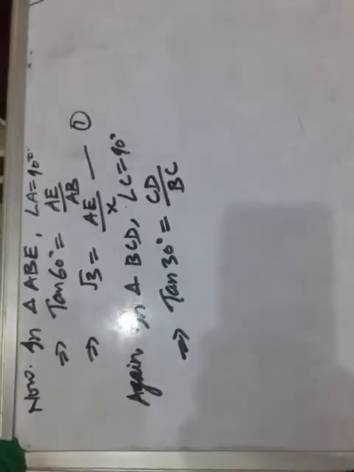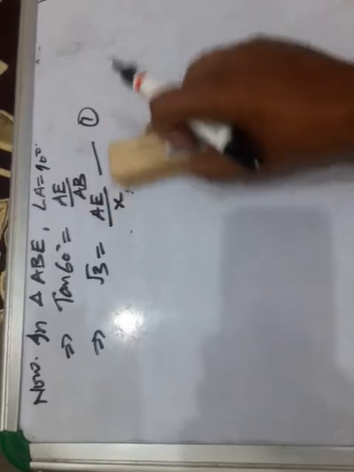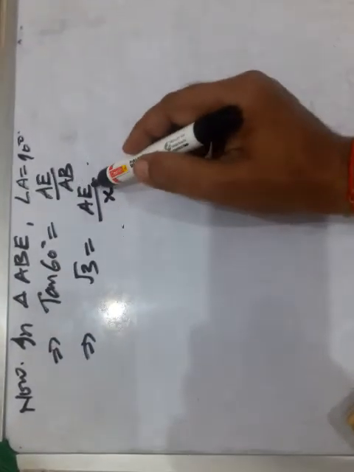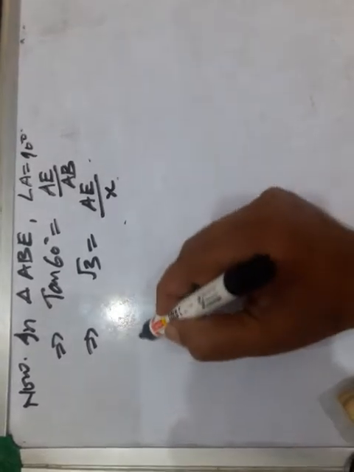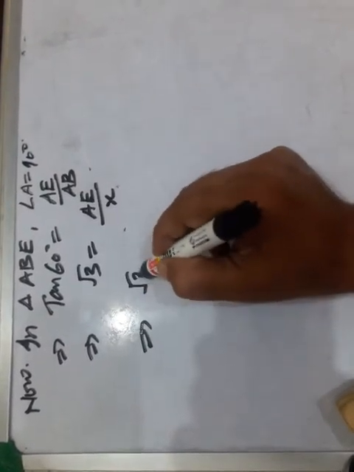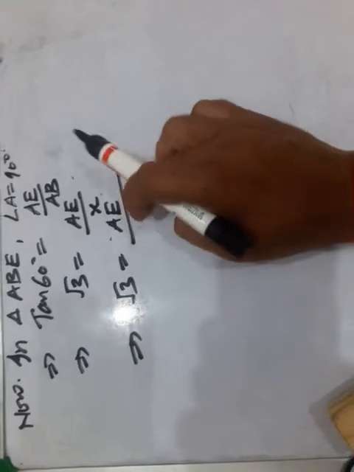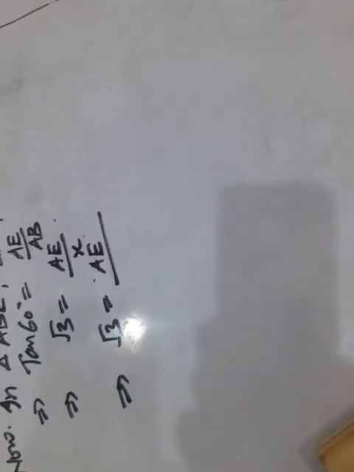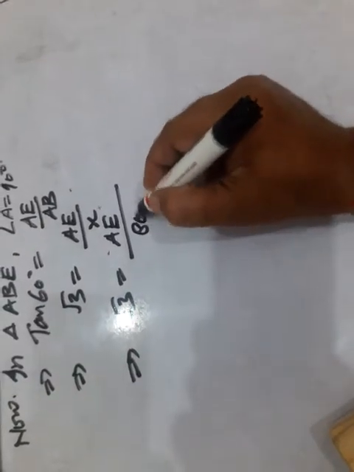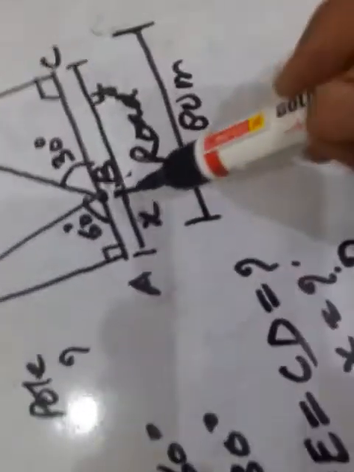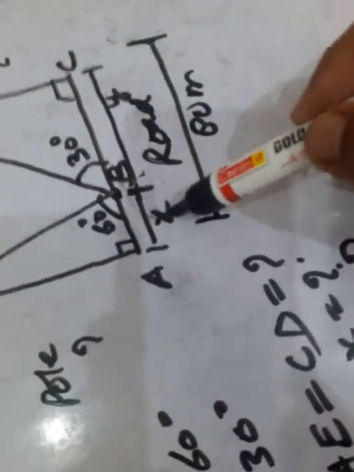Here see children, let us see once again, write one more step over here. Root 3 equals AE upon X. X is nothing but 80 minus Y. From here you can see children, this is X. Clear?